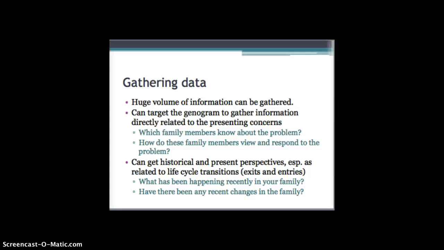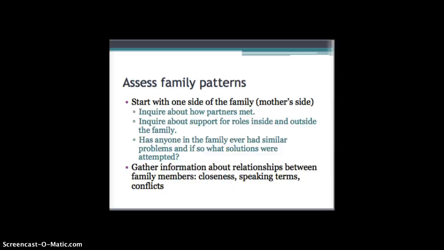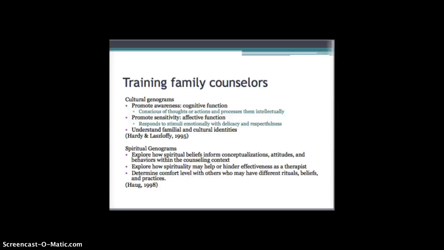For example, if it's adolescent substance abuse, you can really heavily emphasize substance use and abuse across multiple generations of the family in the genogram. You always want to get started with one side of the family and then work backwards from there. You're going to get a lot of information about who's talking, who's not talking, who's similar, who's different, how did people meet each other.